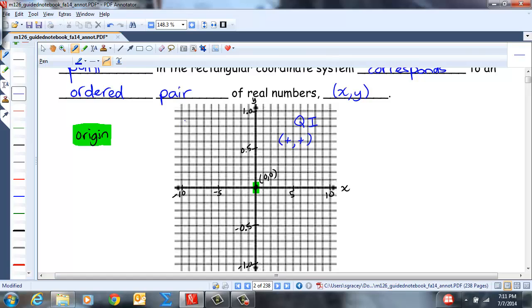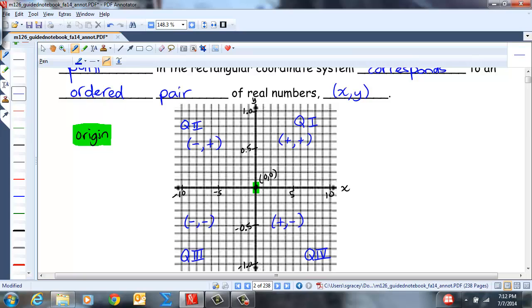Now over here in quadrant 2, so we go counterclockwise, the X is moving to the left of 0, so it's going to be negative, and the Y is still above, so it would be positive. And then down here in quadrant 3, what do you see? Very good. Negative, negative. And then in quadrant 4, the X would be positive, the Y would be negative.